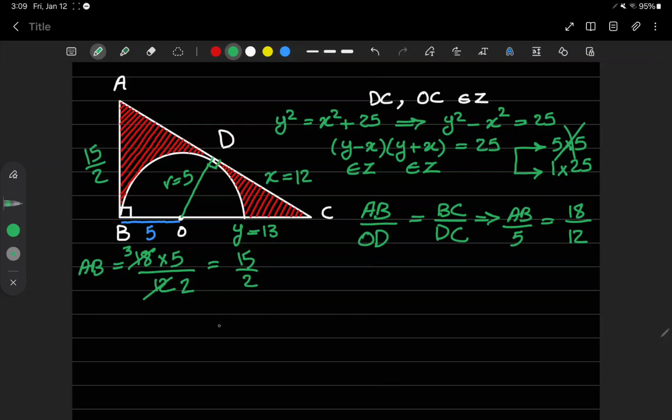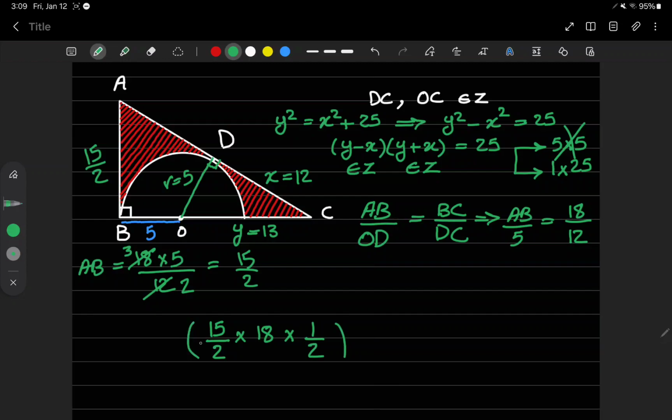It's a right triangle, okay? So 15 over 2 multiplied by the length here, 18. So 5 plus 13 is 18, multiplied by 1 over 2. So half of this: AB multiplied by BC divided by 2. Okay?